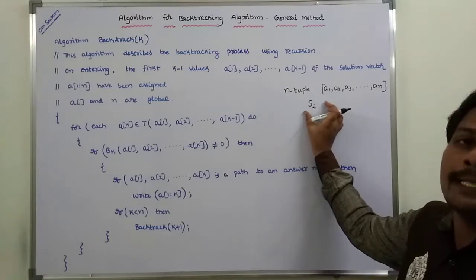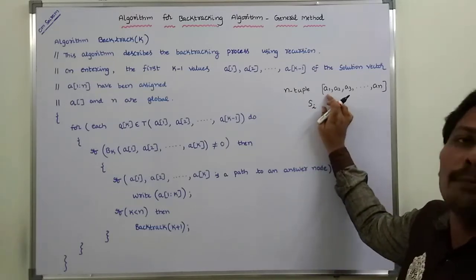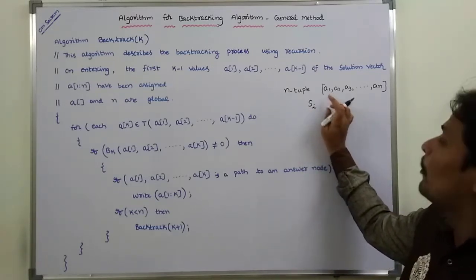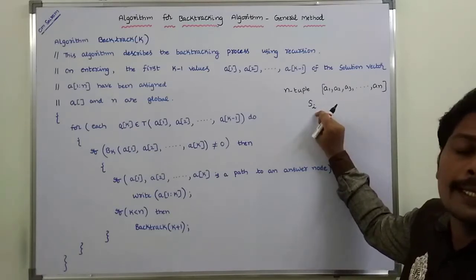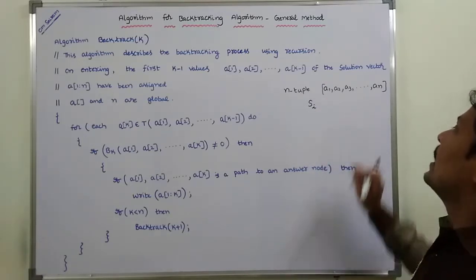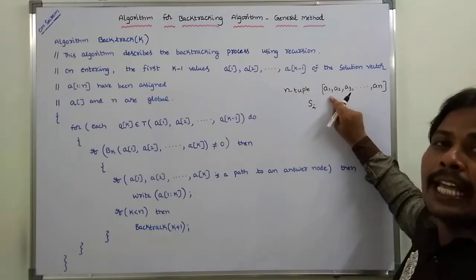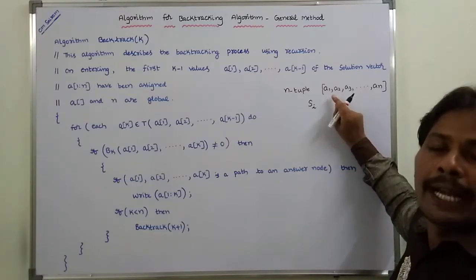From this finite set, each ai can be chosen as a value. Each ai can be called a vector.